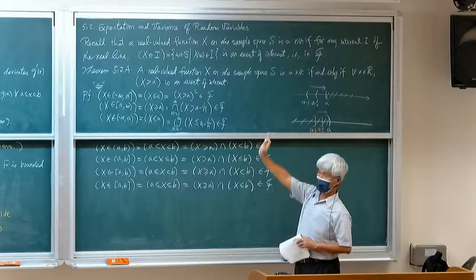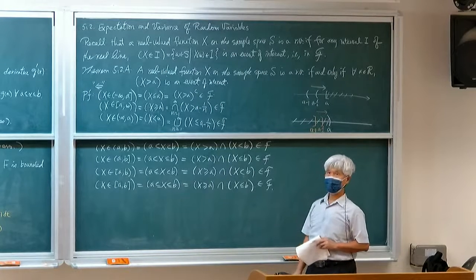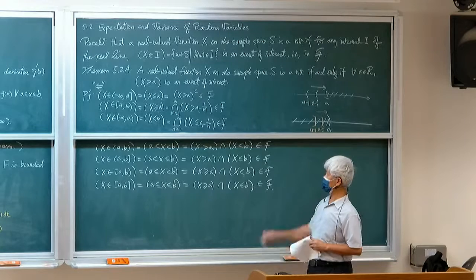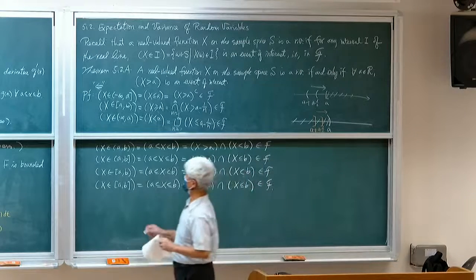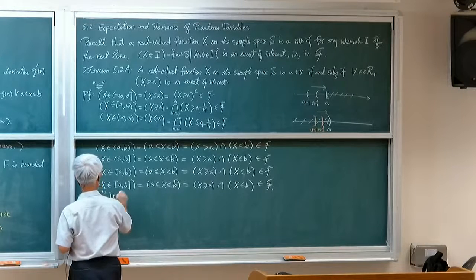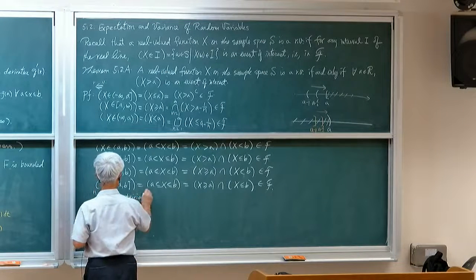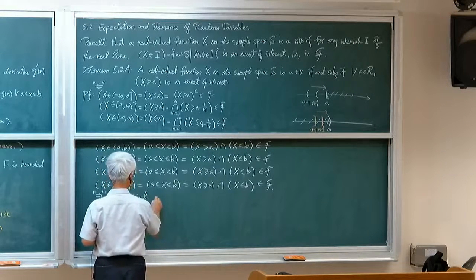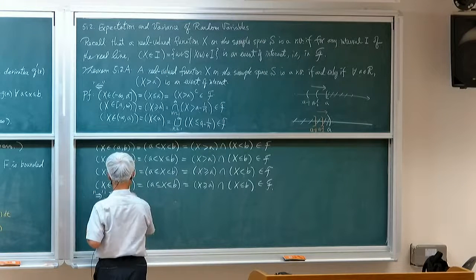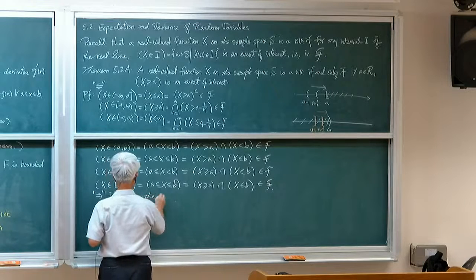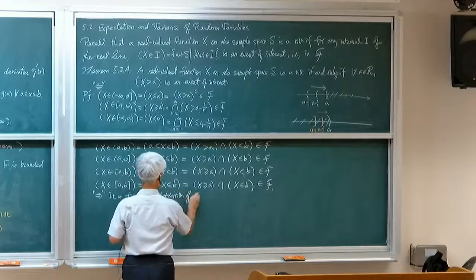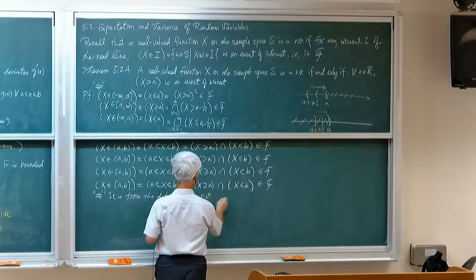So the reverse direction has been checked, and the forward direction is trivial, or you can say it is from the definition of a random variable.